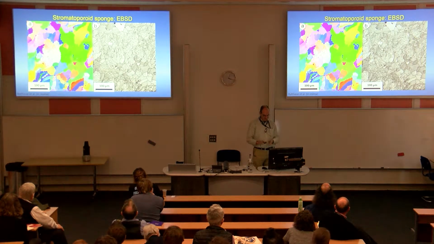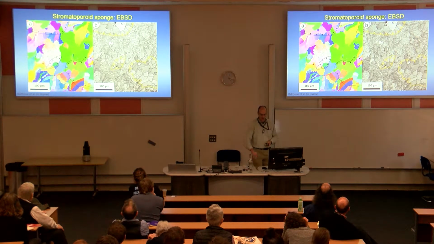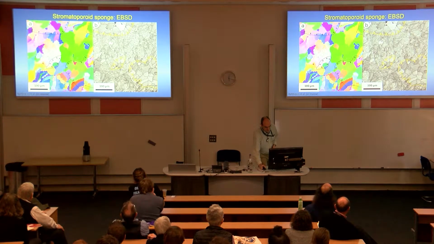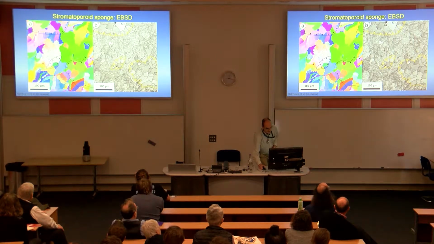And to walk you through a bit, I used the mouse so you can see them on both screens. These lines demarcate the skeleton, which is in the center, which in the black and white image is a bit more speckled and porous, and cement in the cavities, which is a bit cleaner and smoother.